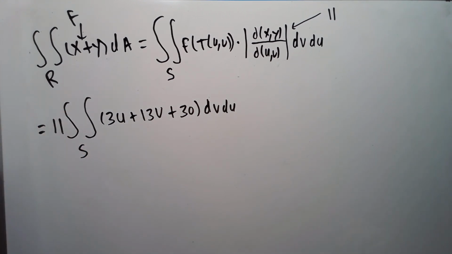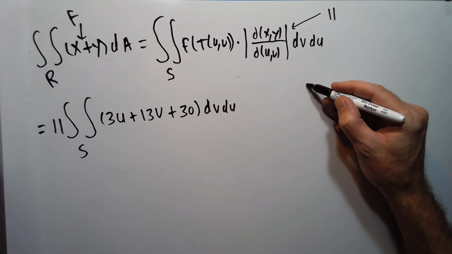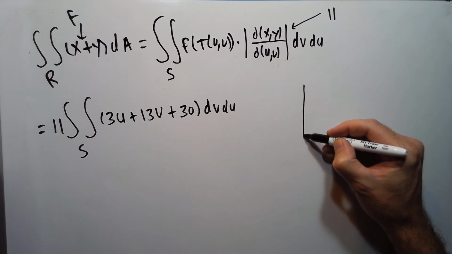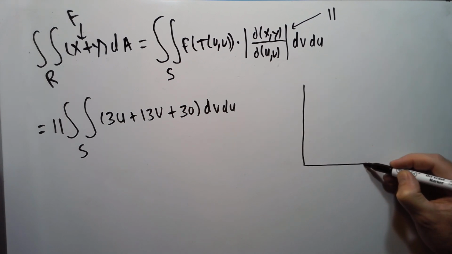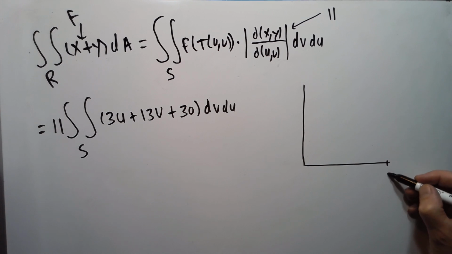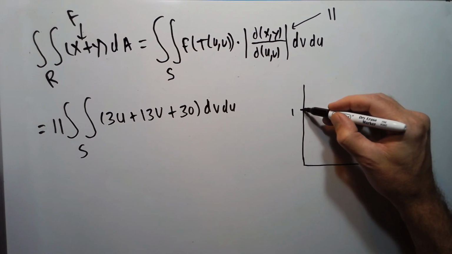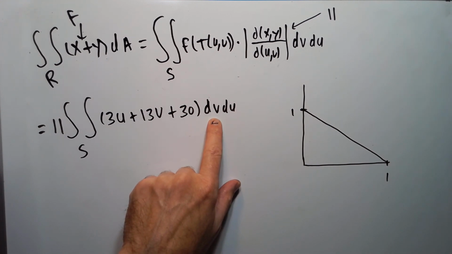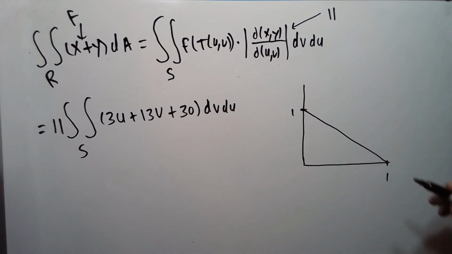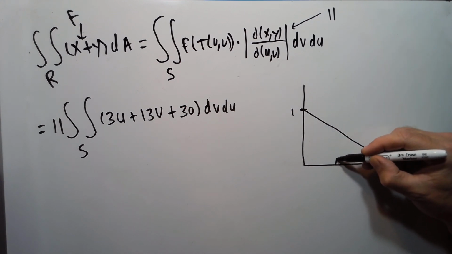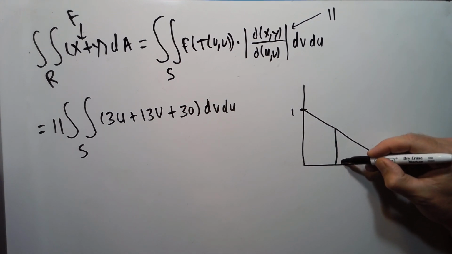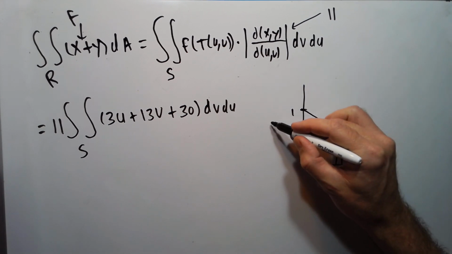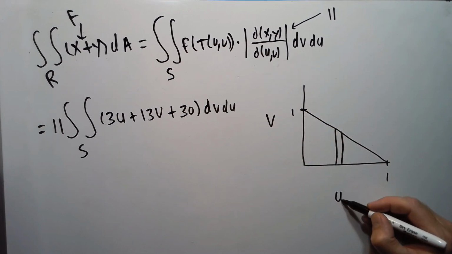It's not going to be 0 to 1, 0 to 1, because let's just recall here our region S is the right triangle. So like this. I'm integrating with respect to v first, so u is constant in that, so pretty much you're doing strips this way. This is my v, my u down here.